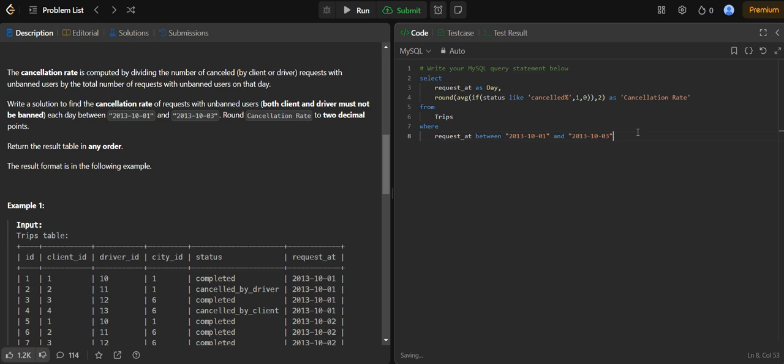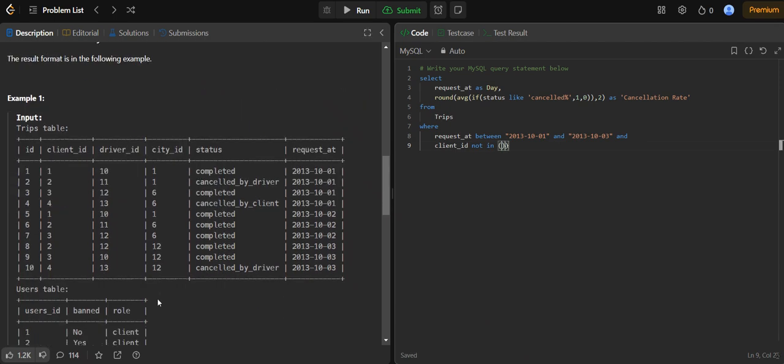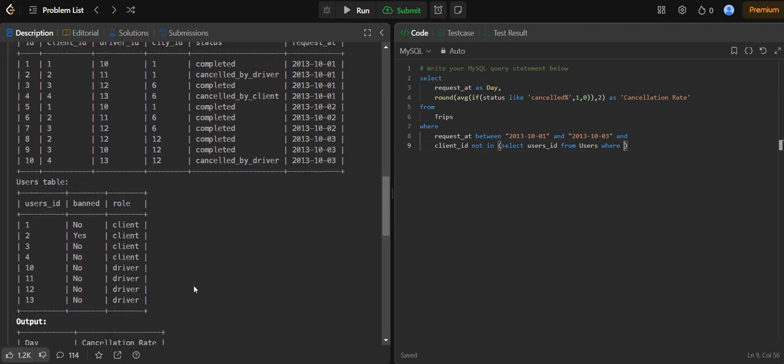And the client ID should not be in, I'm going to write the subquery here. Select the user's ID from the users table where the banned must be yes and role must be client.